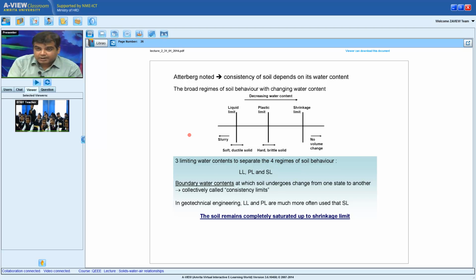So in fact, when Atterberg came out with the liquid limit definition, his definition, to be more precise, was not for soil mechanics. It was mainly for agriculture. So his definition was somewhere here, because he wanted to look at the holding capacity of water for a given soil.